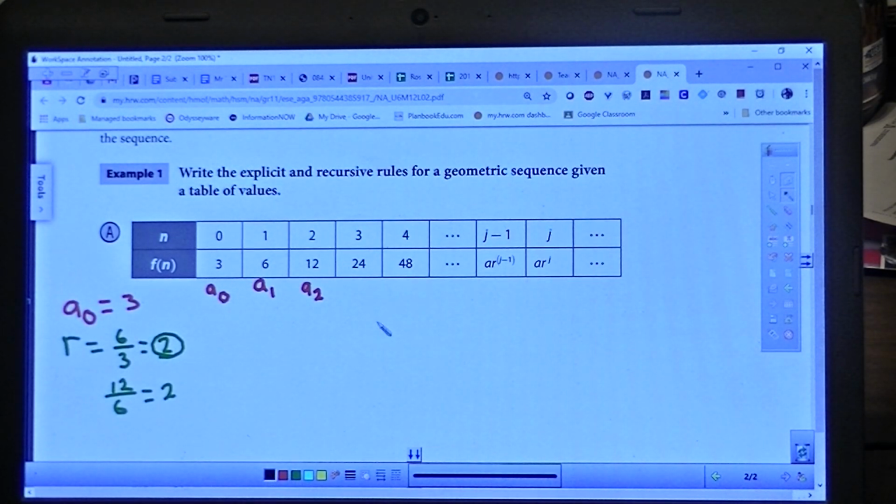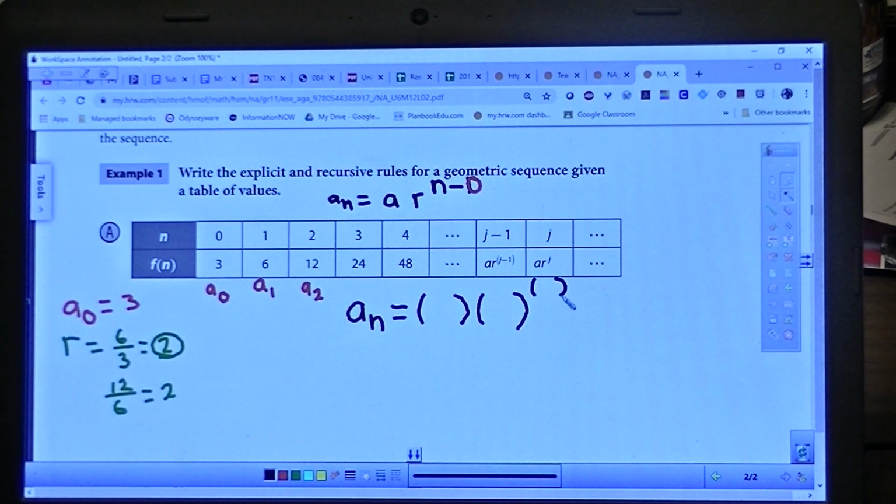So what's next? We're going to write our formula, our model, our rule. So we got a sub n equals a r to the n minus 1. Whoops, but we're not starting at 1, are we? We could say this is n minus 0, but there's no point in putting a 0. So a sub n equals our starting point, our ratio, and then the n.